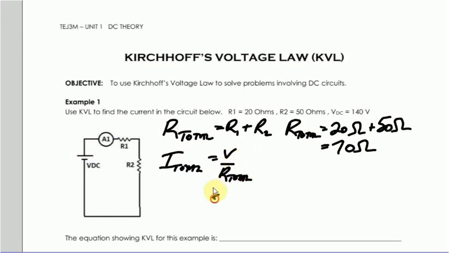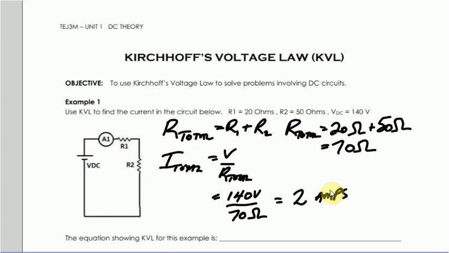So if the voltage of the power source is 140 volts, divide that by the resistance in the circuit, which is 70 ohms. 140 volts divided by 70 ohms gives us 2, and we know that current is measured in amps. So for this circuit, we've got 2 amps of current flowing.